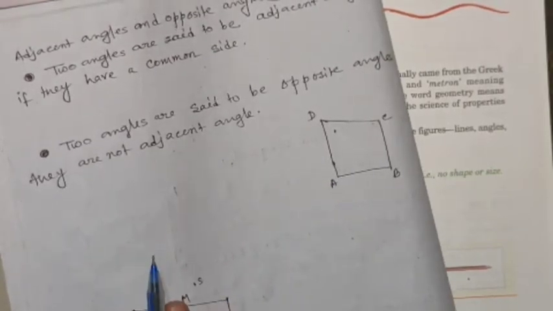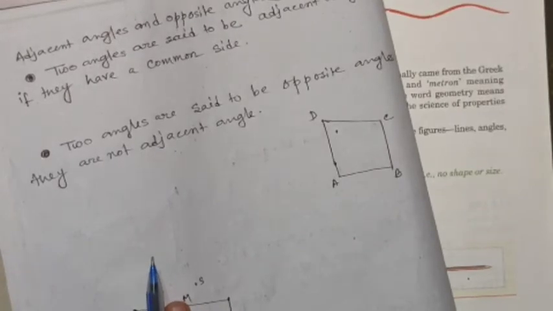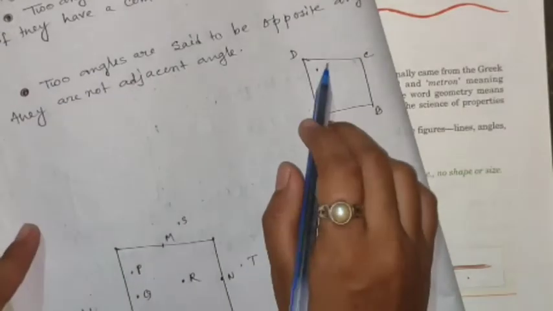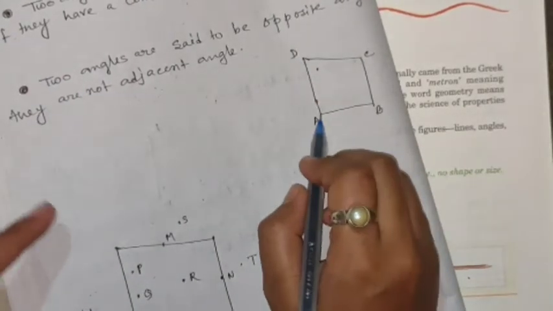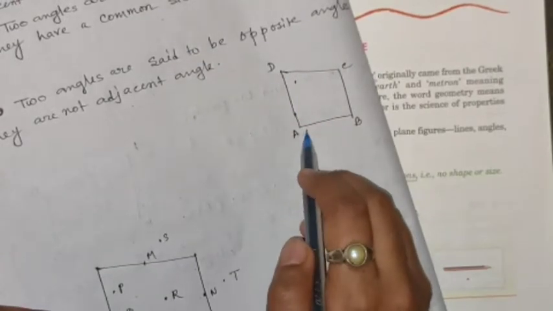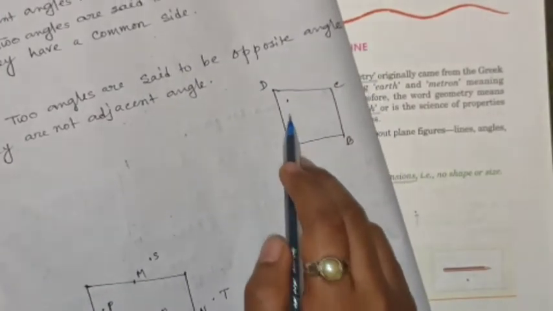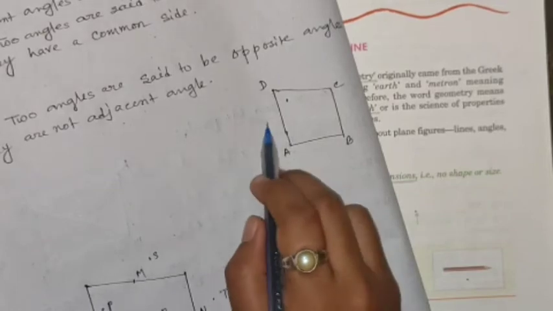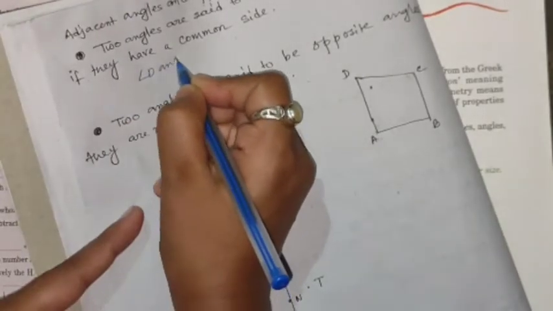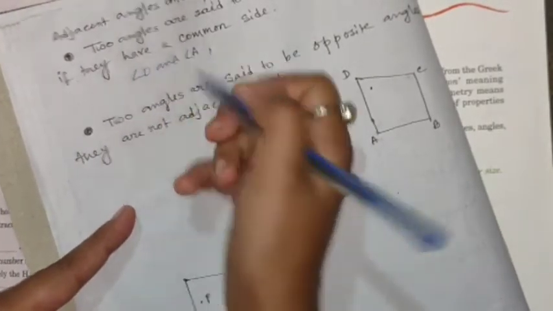If I take two angles, angle D and angle A, angle D has two sides, DC and DA, and angle A also has two sides, DA and AB. So DA is the common side of angle D and angle A. So angle D and angle A are adjacent angles.